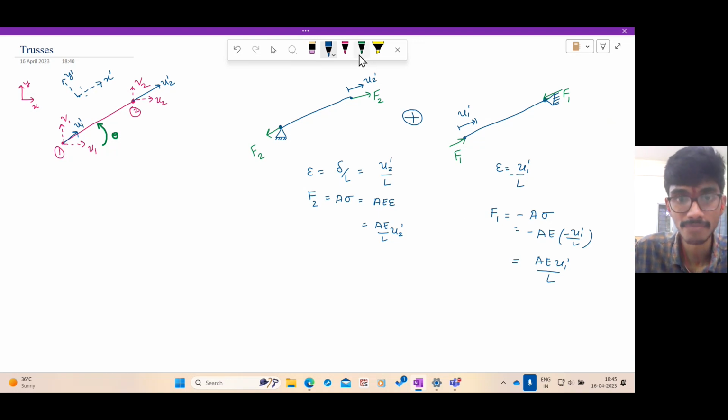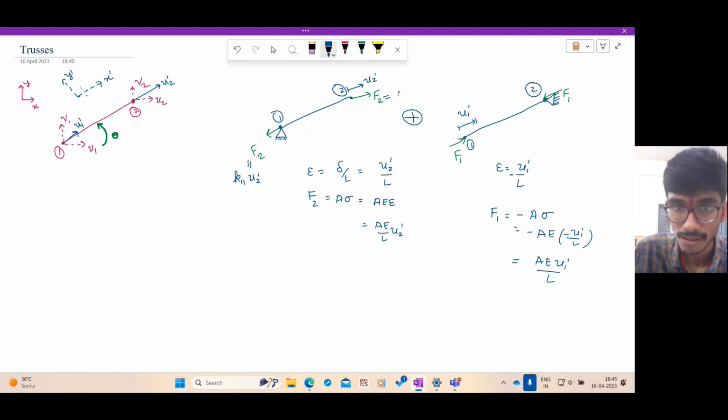But we know that in a stiffness based method, a force acts at joint 1 due to a displacement which is applied at joint 2. So this is nothing but K12 U2 prime.